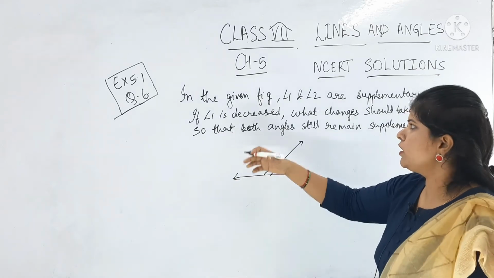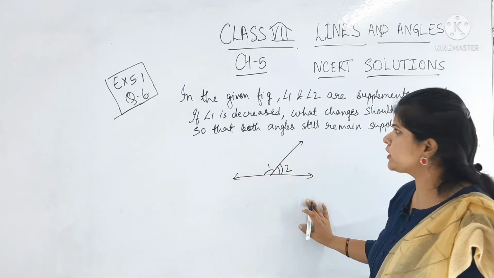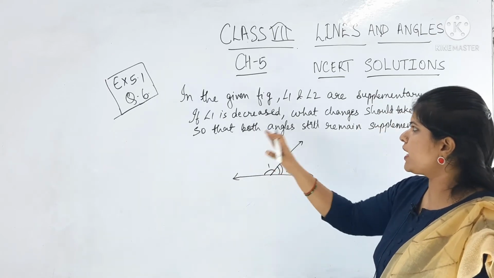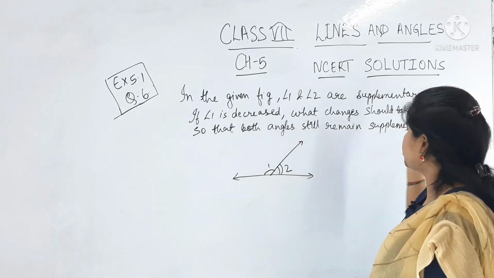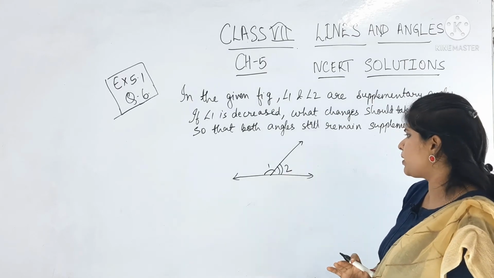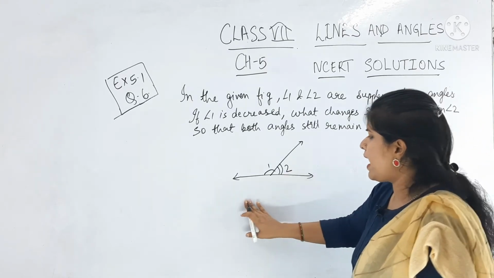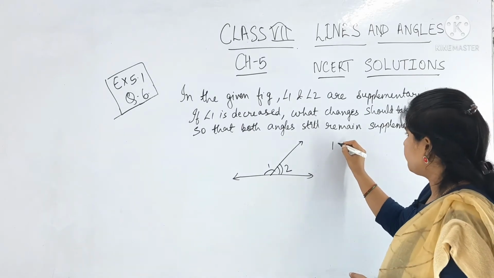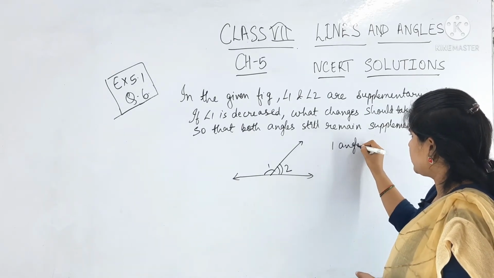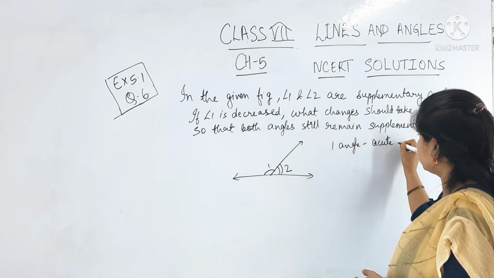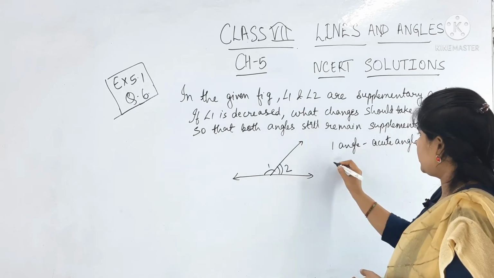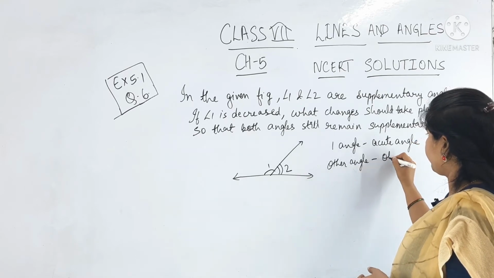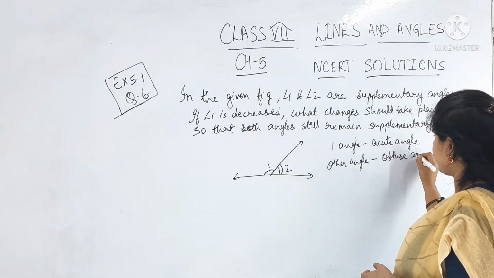Next question, question number 6. Here some figure is given. It is given that angle 1 and angle 2 are supplementary angles, and if angle 1 is decreased, what changes should take place so that both angles still remain supplementary? I have told you about supplementary angles, that one angle is an acute angle and the other angle should be an obtuse angle, right?